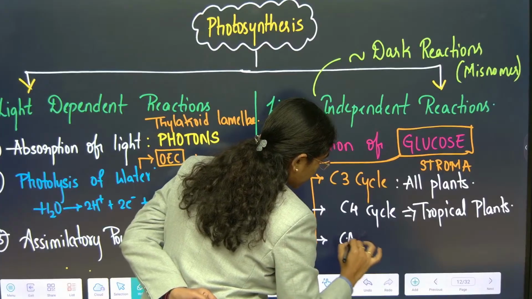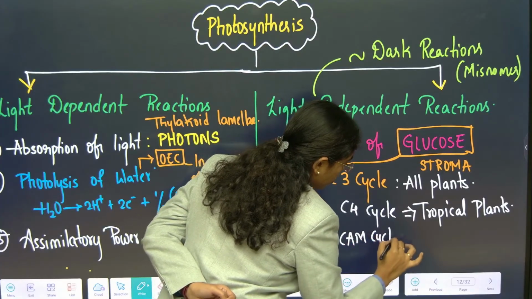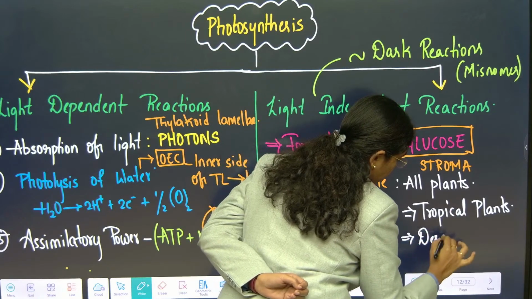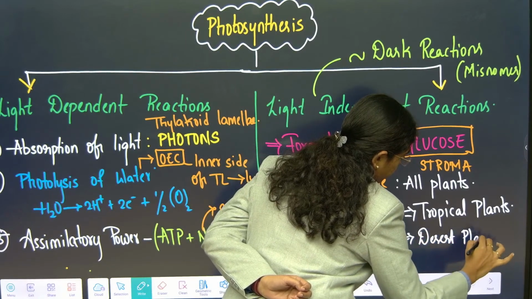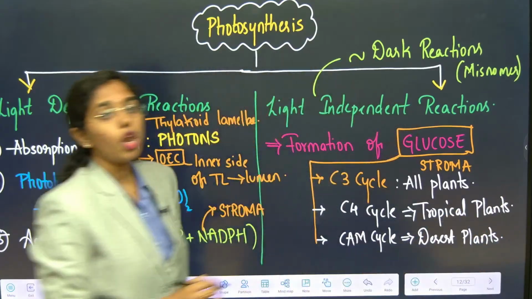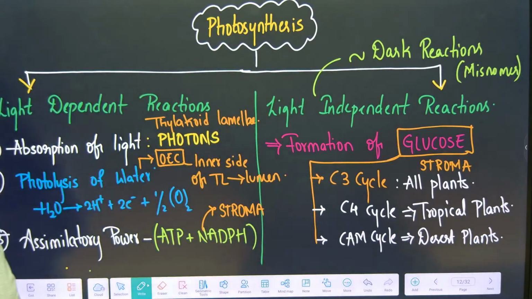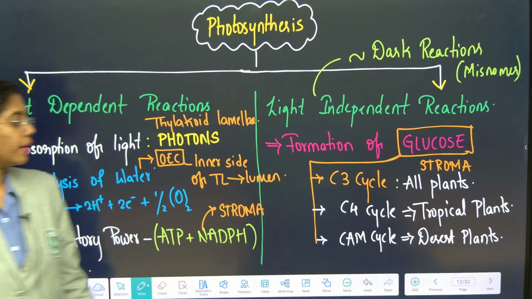Next is the CAM cycle, which operates in desert plants. These are the locations or sites of the reactions. Clear till here? Any doubt anywhere? Take down the screenshot of this. This is highly useful for you. Questions are asked many times about the locations or sites of the reactions.